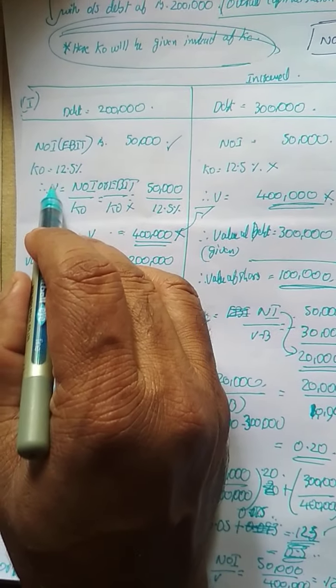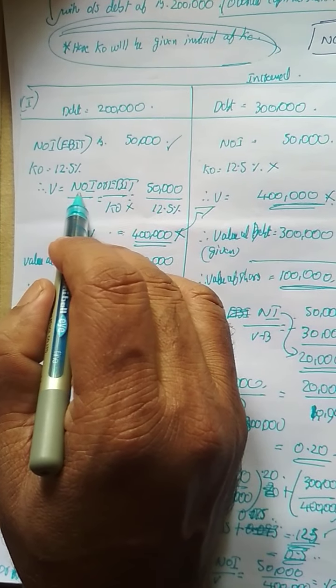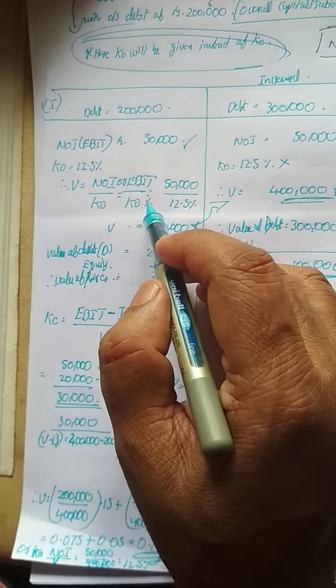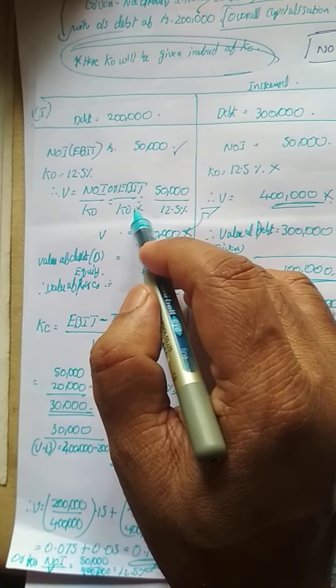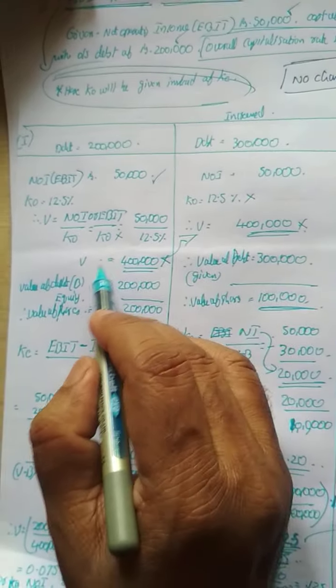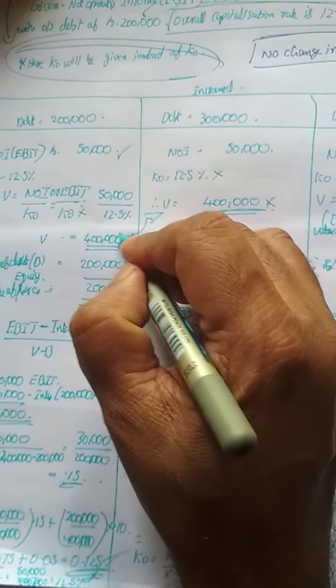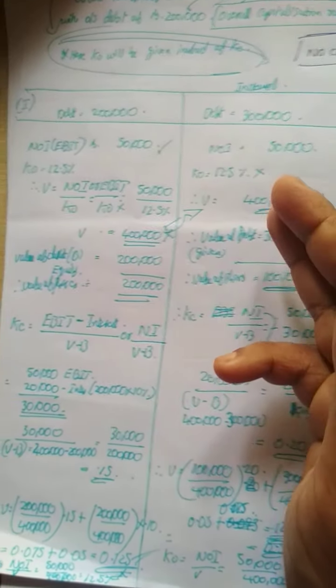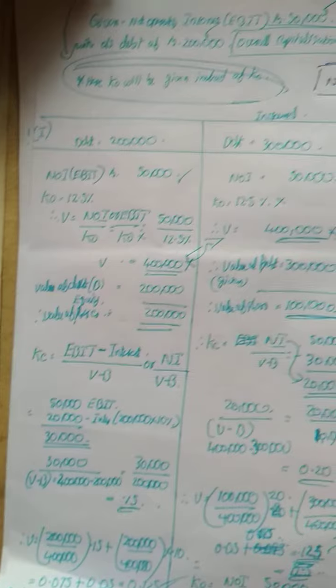How do we find it? Net operating income divided by KO, the overall capitalization rate, not the equity capitalization rate, gives the value of the company, 4 lakh. So it is kept constant for any sort of leverage. From that point itself, you will note that the value of the company does not change here.